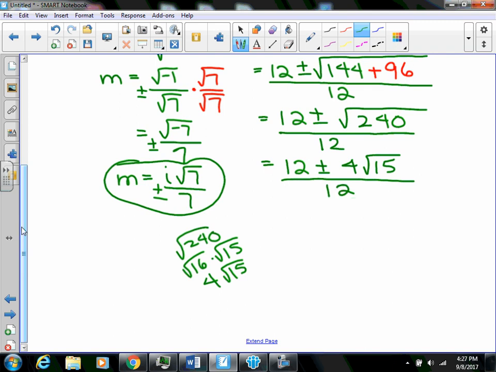Now break it up. Remember, break it up. So that's going to be 12 plus 4 square root of 15 over 12, or x equals 12 minus 4 square root of 15 over 12.